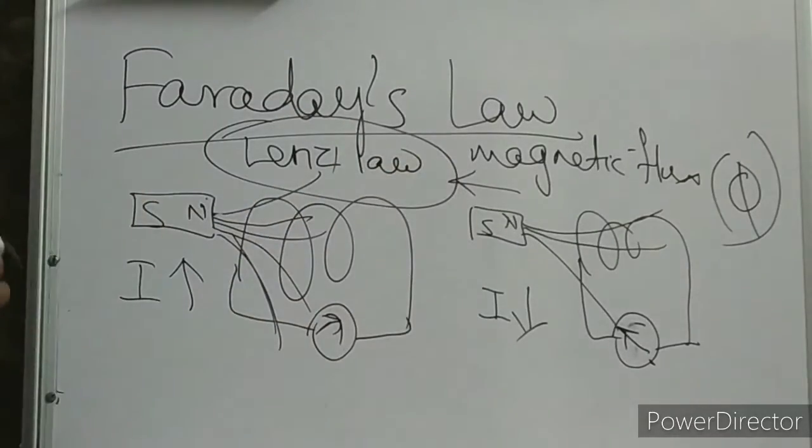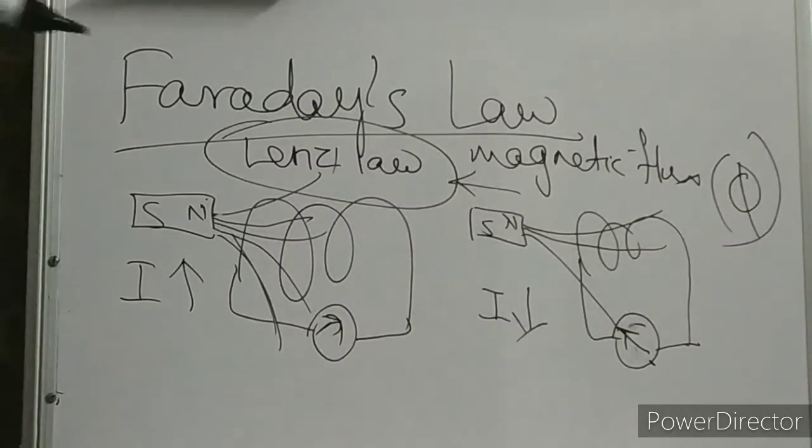This law, in more vague terms not related to physics, gives this information: if you are creating something, suppose I have created something, I am the creator now for that particular thing. Now that something will oppose the creator.